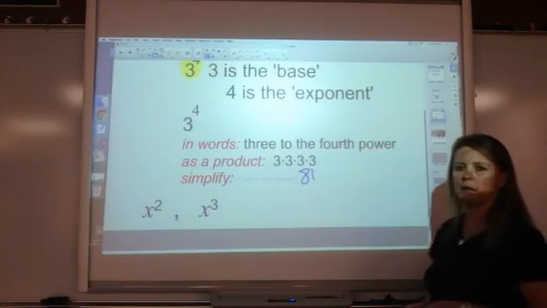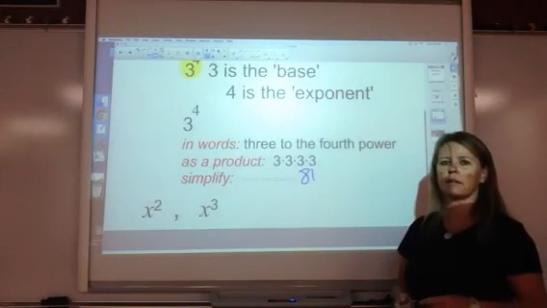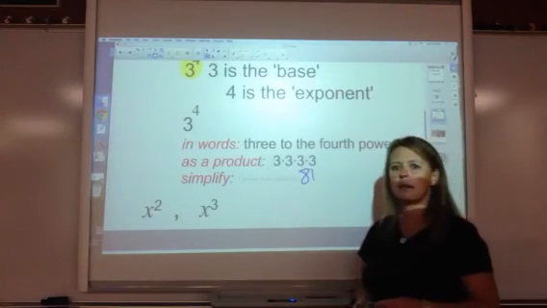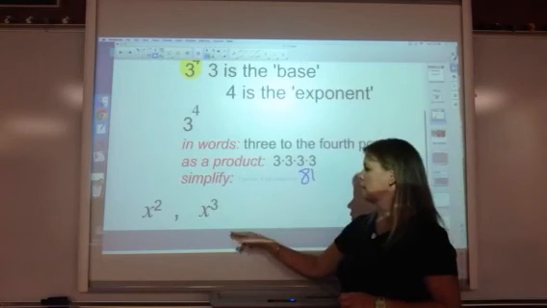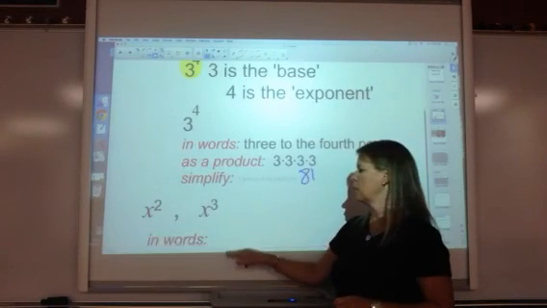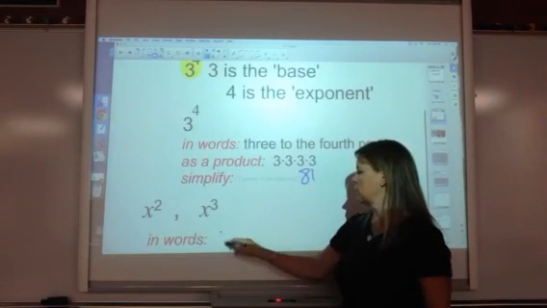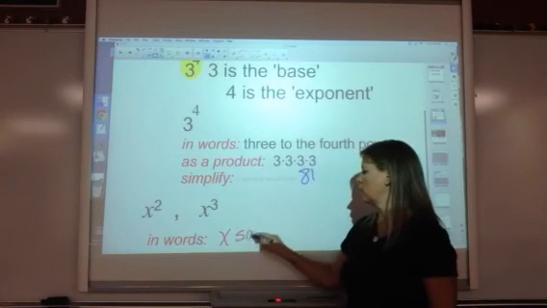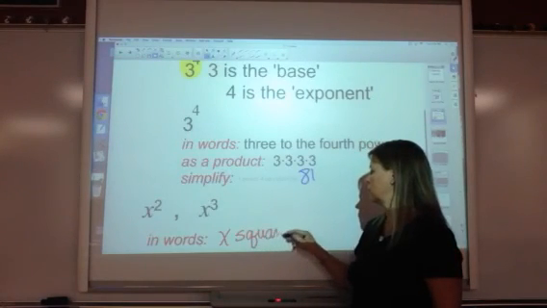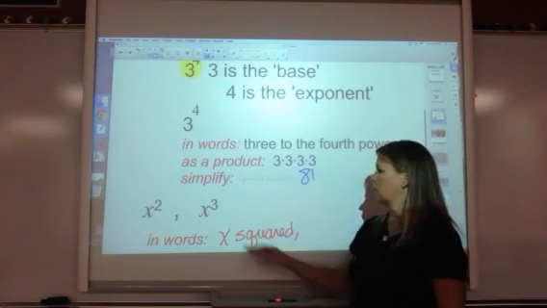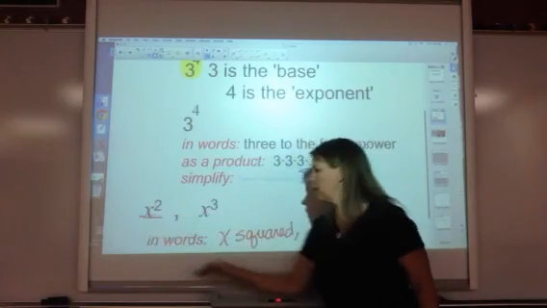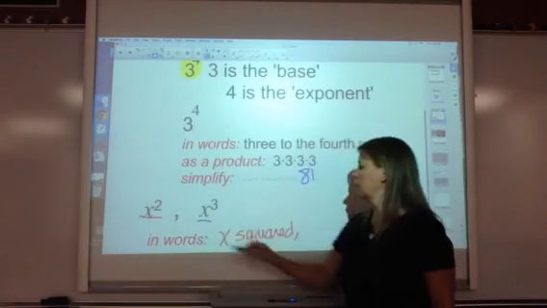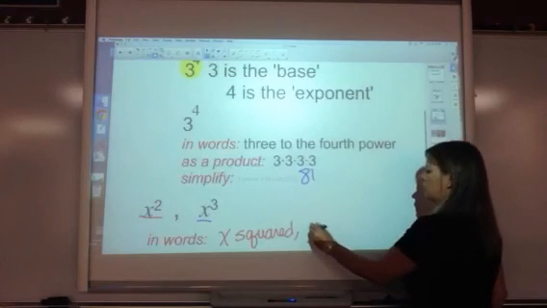Couple shortcuts. Here we have x to the 2nd power and x to the 3rd power. X to the 2nd power, maybe you already know this, in words, because it's used so often, is x squared. X to the 3rd power is another shortcut. That's called x cubed.